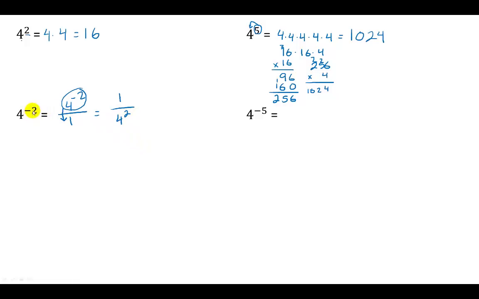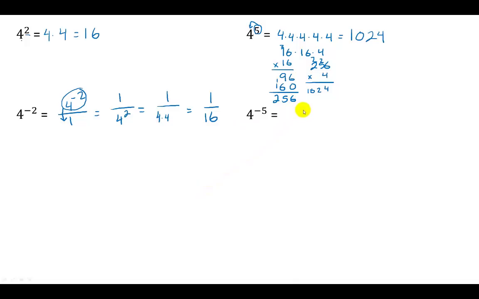The negative 2 became a positive 2 when we moved it to the bottom. So now 1 over 4 squared is 4 times 4, and that means it's 1 over 16, 1/16.